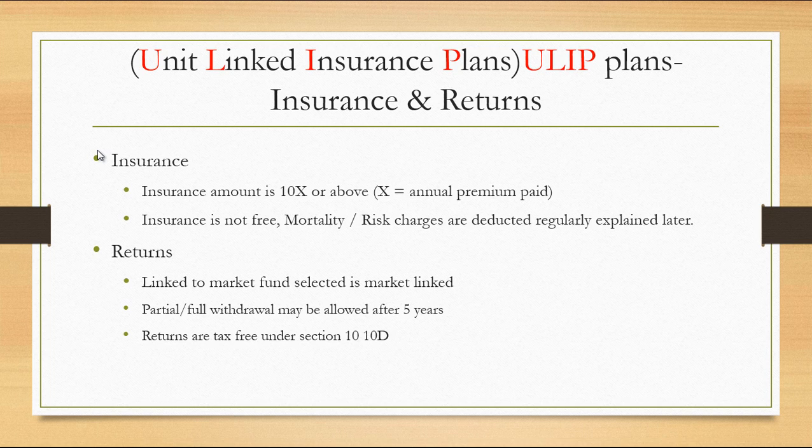But if you have a detailed look at the policy documents, you will find that a mortality charge is being deducted regularly, and this charge is nothing but the charge of insurance. So simply speaking, the insurance in this plan is not free. They are charging us for this insurance.